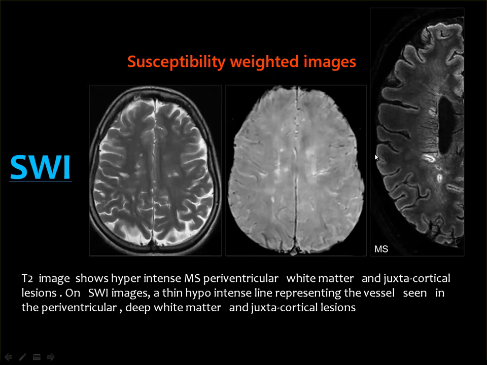They said that the MS plaques are occurring very venular, I mean along the axis of the vein. The susceptibility weighted image is capable of demonstrating blood vessels, so you can see the blood vessel and you see the plaque oriented along the course of the blood vessel.